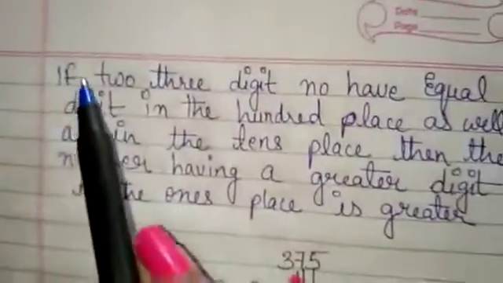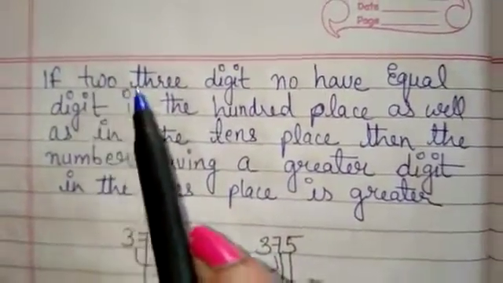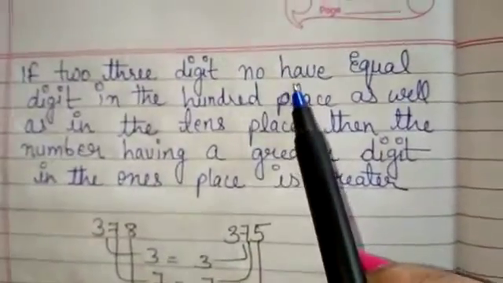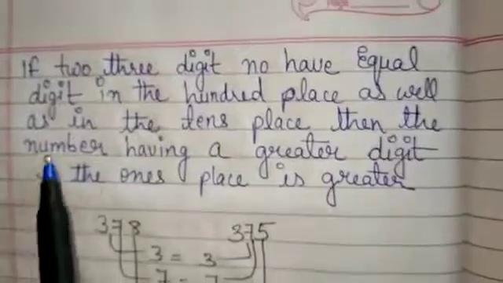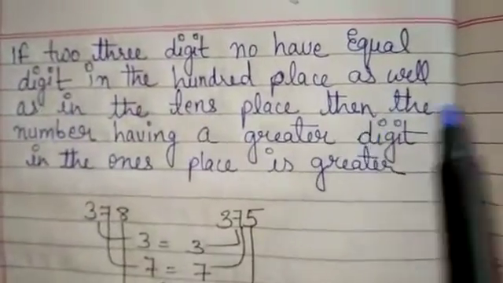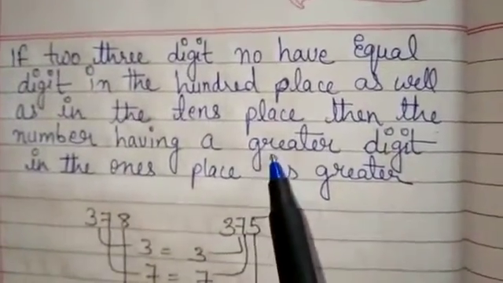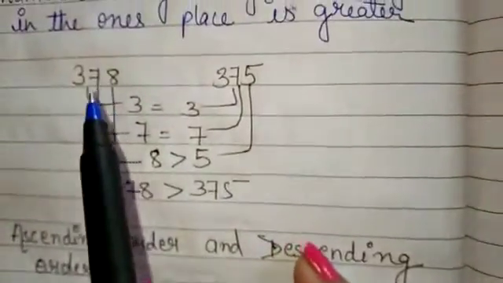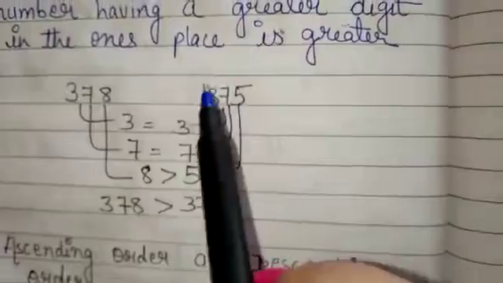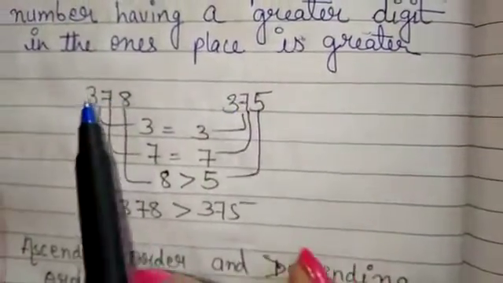Now we will look at the ones place. If two 3-digit numbers have equal digits in the 100s place as well as in the 10s place, the number having a greater digit in the ones place is greater. Here the 100s place number is also the same, 3 and 3.